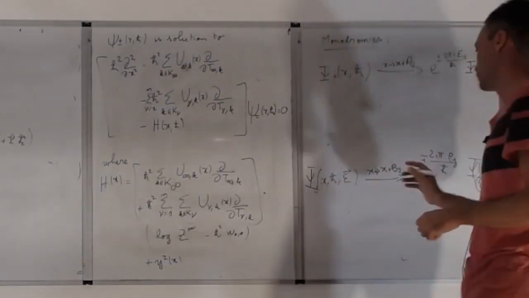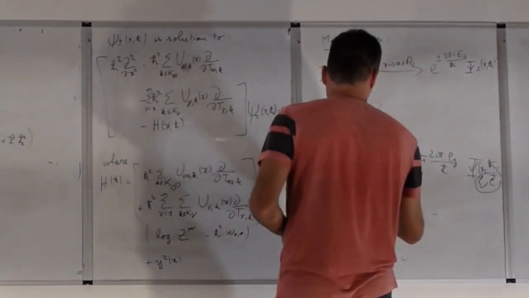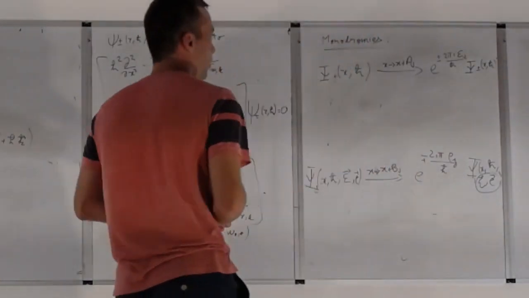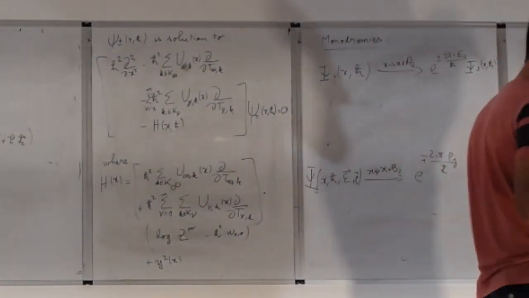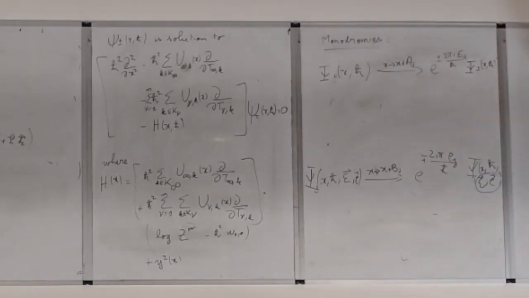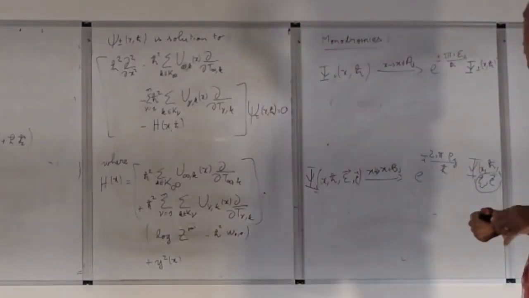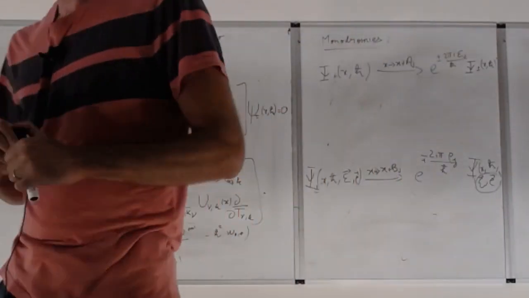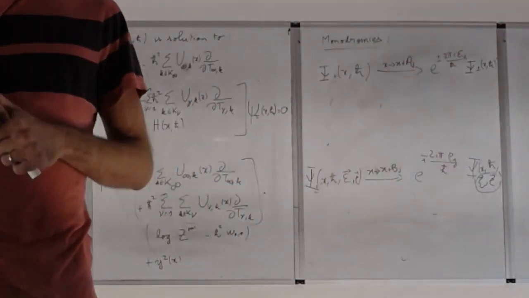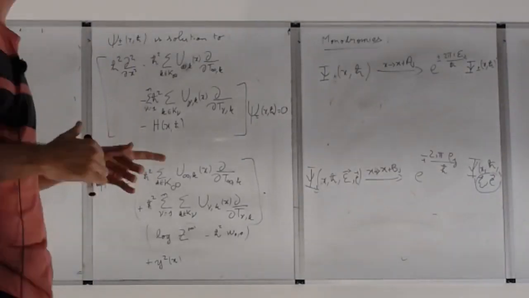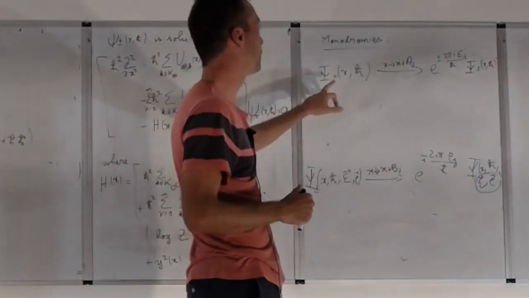Okay. And this is nice because it's only an exponential factor that does not depend on x. I mean, it's quite trivial. And especially in the following, we will have products between psi plus and psi minus.